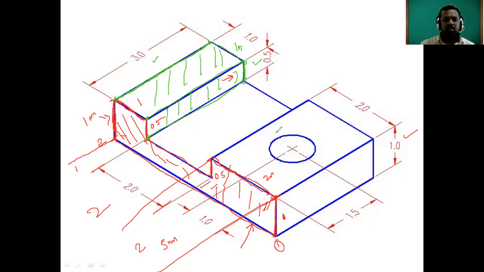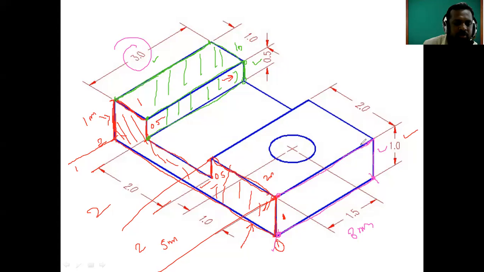Okay, the next part, how can we draw it? Now see here, again we have to start from this point. Then what is the total distance? Yes, 3 mm. On this side they have given 3 mm, which means on this side also it is 3 mm. Then from this point again we have to draw a vertical line of 1 mm, and from this point we have to join these two lines.